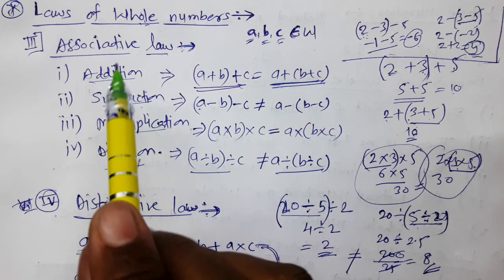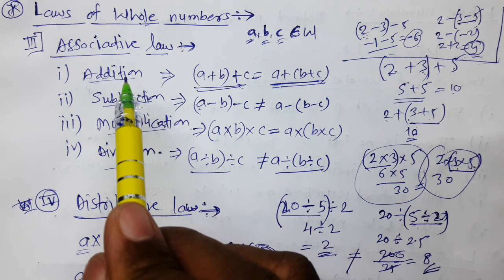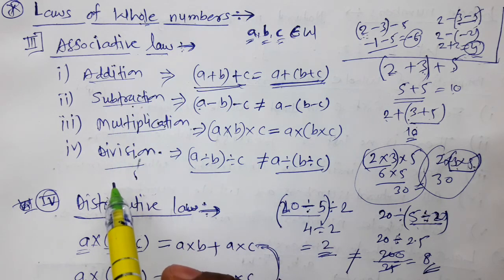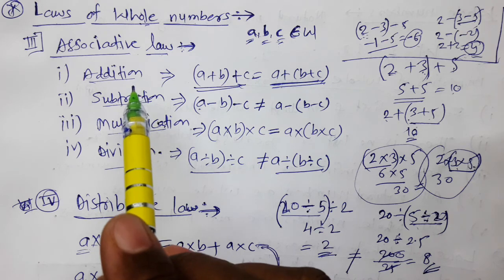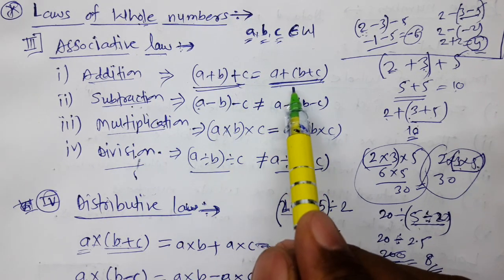We have to check whether the associative property holds for addition, subtraction, multiplication or division. It will hold whenever both sides are equal.